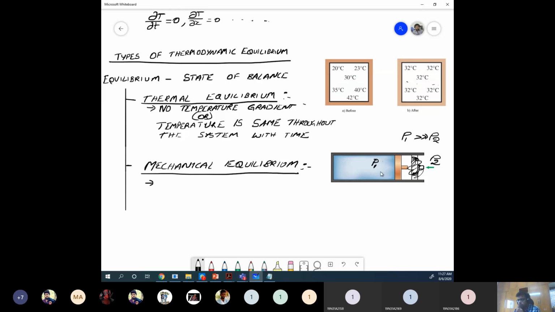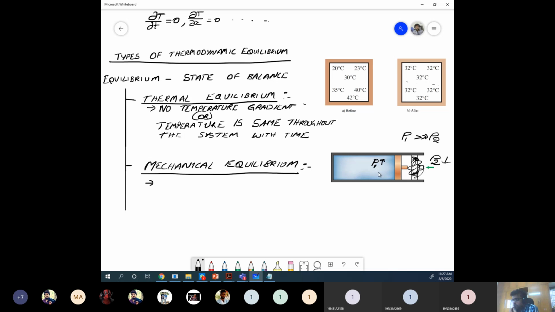Obviously, because P2 is very low compared to P1, the pressure difference will try to push the piston in the upward direction. That is a mechanical motion because of pressure, due to this pressure difference you will have the motion.